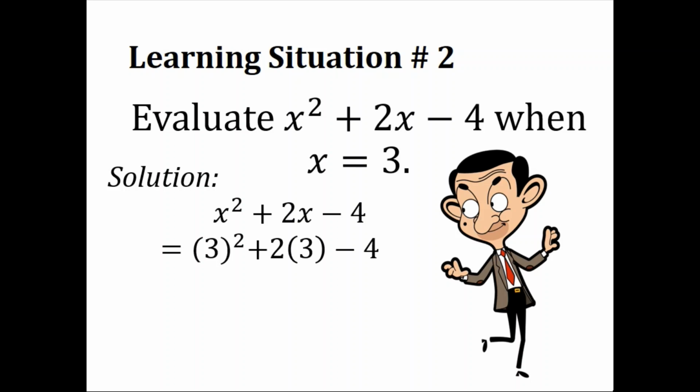Simplifying now the numerical expression, start with the exponent. 3 squared is 9. You can now multiply 2 and 3. 2 times 3 is 6, minus 4. Simplifying it now, we have 15 minus 4, which is equal to 11. Therefore, the value of x squared plus 2x minus 4 is 11 when x equals 3.